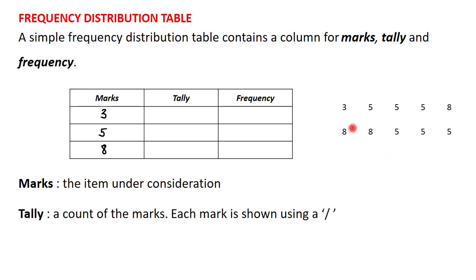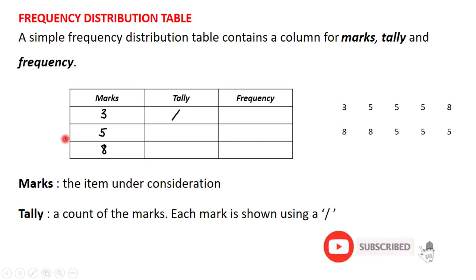From our data, we can see that we have only one 3. So the tally for 3 is 1. As we have seen from the point here, it says that each mark is shown using a stroke. We have 1 for 3, so you show it using a single stroke.